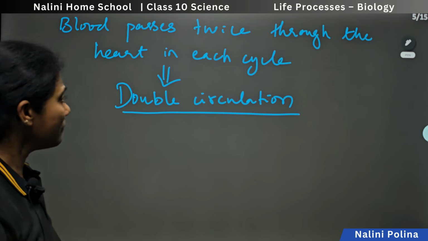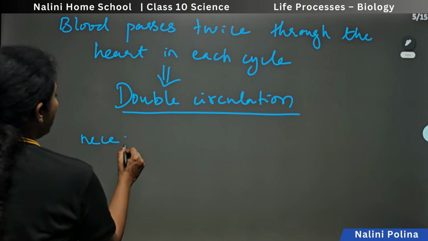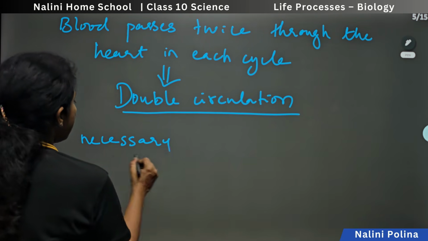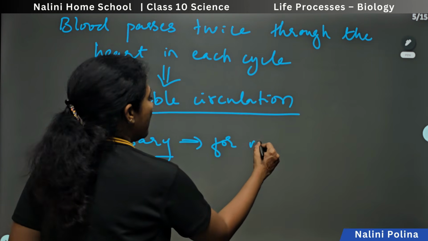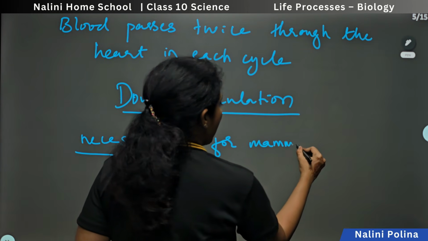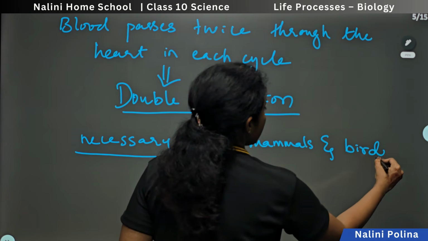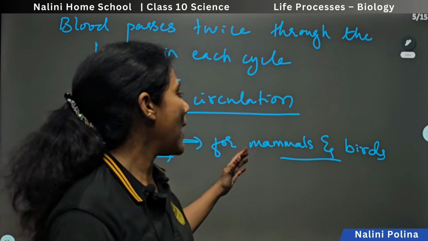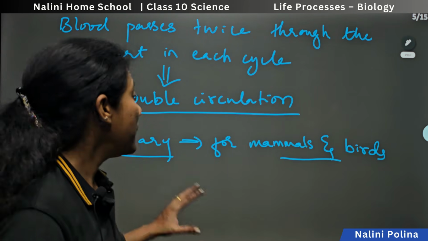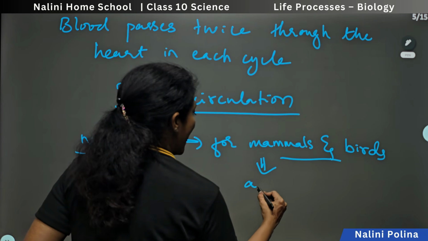Okay, fine. And now double circulation is very much necessary for humans. Okay, so double circulation is very much necessary for mammals and birds. They will ask in the exam, why is double circulation necessary for mammals and birds? Because they are the animals with high energy needs.